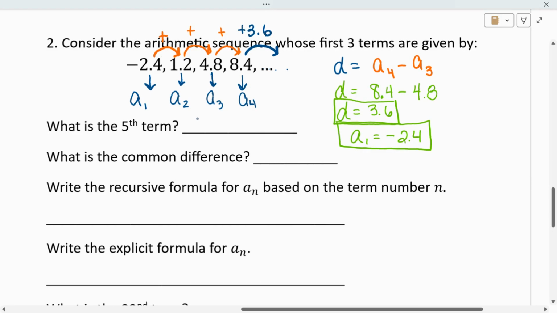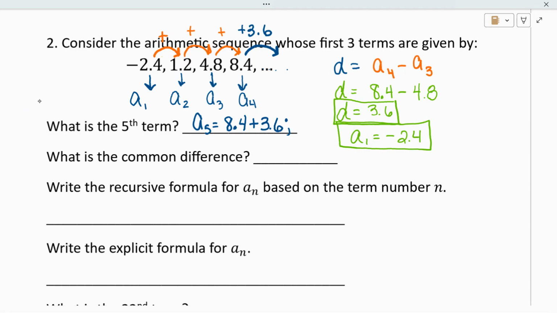To find the fifth term, a sub 5, we take the fourth term, 8.4, and add 3.6 to that. So what is the fifth term? 12. A sub 5 equals 12.